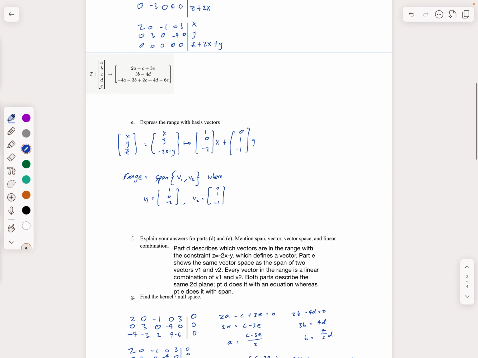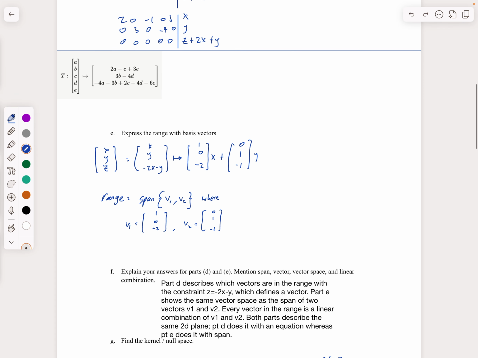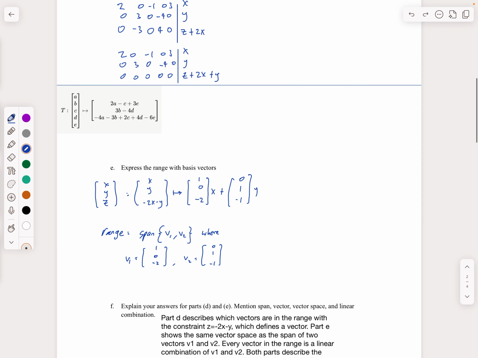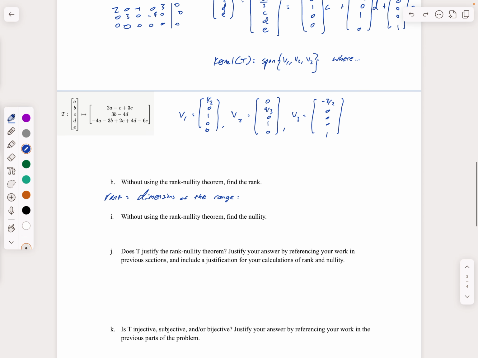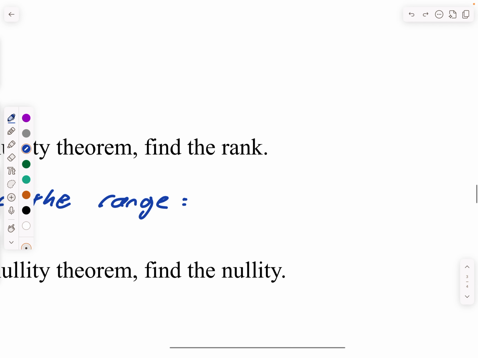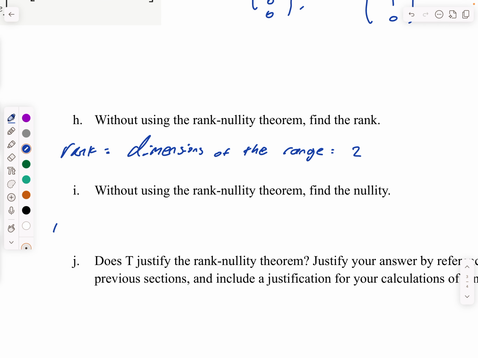Now, we'll go back to when we saw the range over here. We have two variables here, so that means our rank is 2 dimensions, and we did see already through two different proofs that our range was a plane that went through the origin. So that means it has 2 dimensions, and that means our rank is 2.